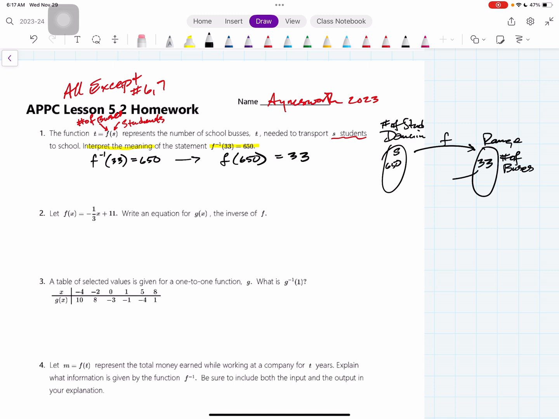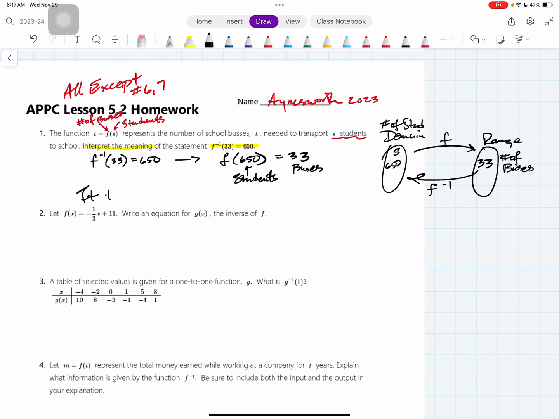It says there are 33 buses needed. Well, the inverse takes you right back. F inverse takes 33 buses and says we need, or it is determined by, 650 students. So the meaning is pretty simple. This is buses now, and this is students. So it takes 33 buses to transport 650 students.